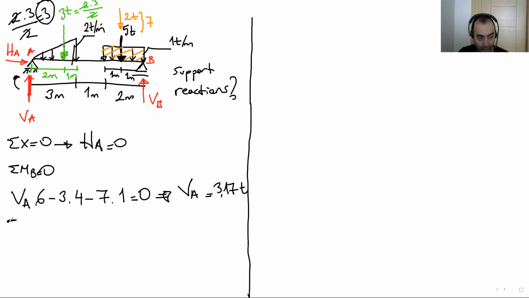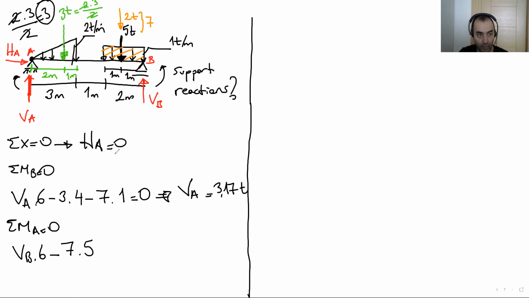Let's write total MA. The point A is this. Vertical B rotates the system in this direction. I'm going to assume this direction positive and the others are in negative direction. So here, vertical B times 6 minus 7 times 1 to 5, 5 meter.